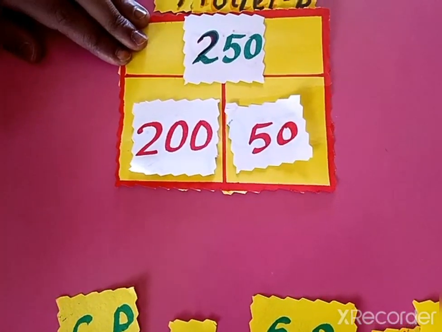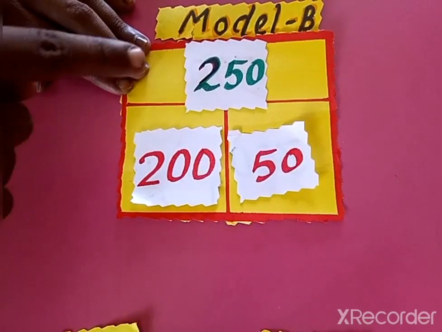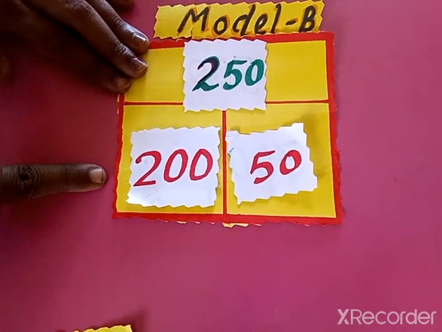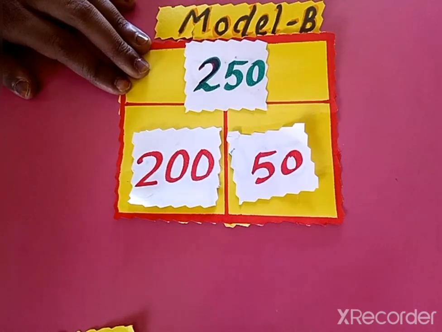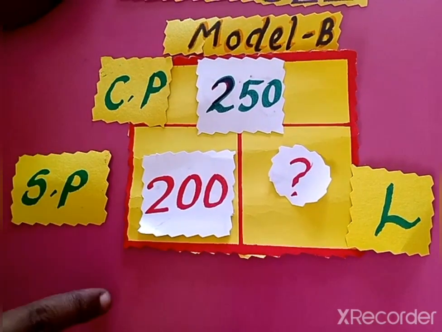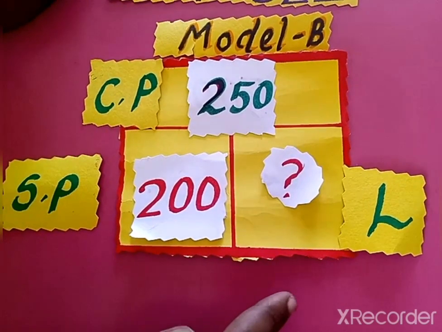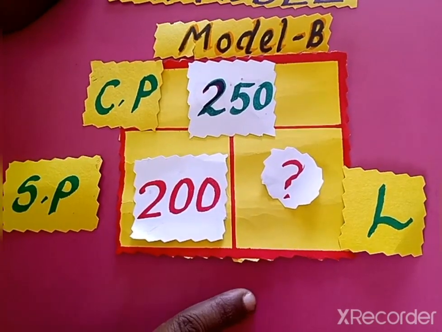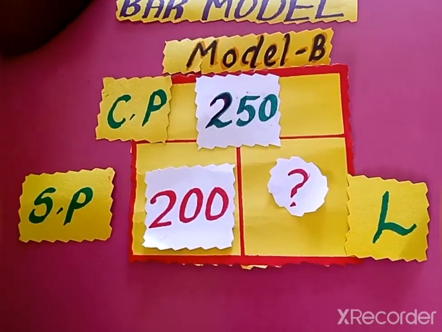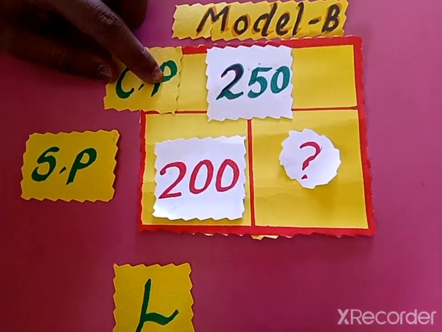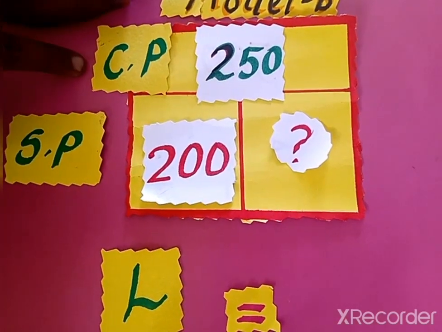Clear, children? Now let us see. Suppose the cost price is given and the selling price is given. I need to find my loss amount. Now this is my situation. Cost price is 250, selling price is 200. I don't know my loss amount. What do I have to do? What is the formula I have to create here? Yes, loss L is equal to, from the cost price, right?